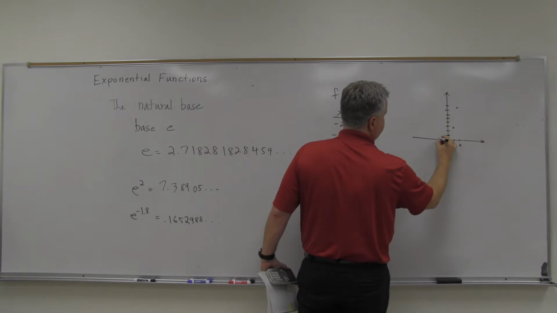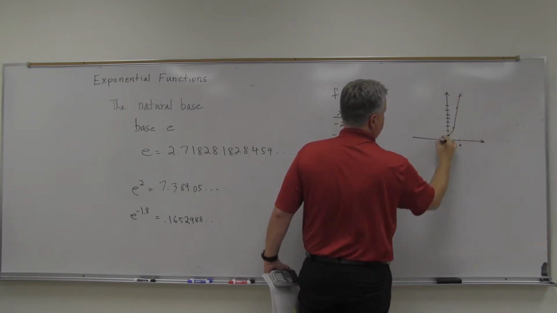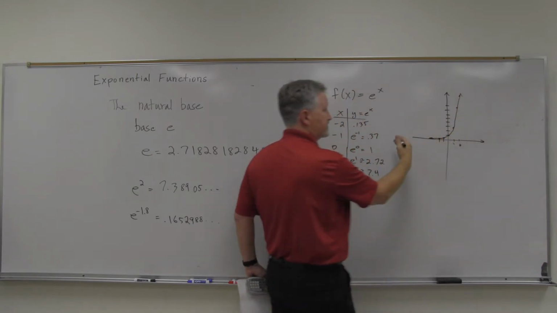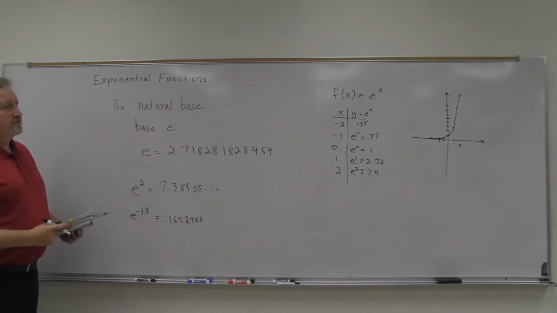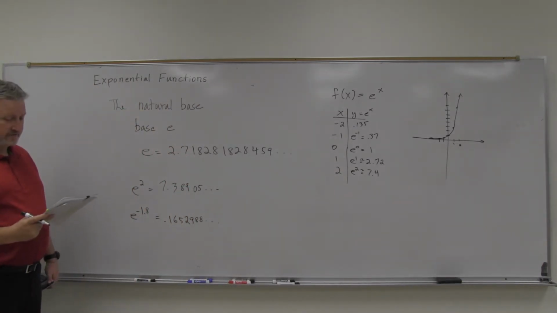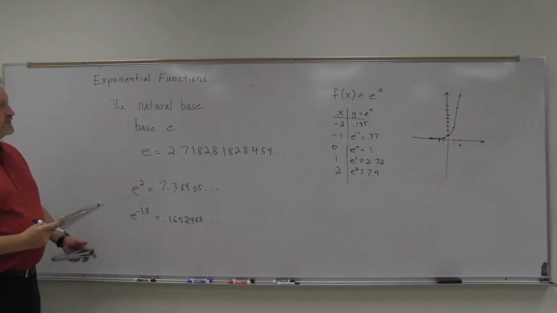About there. So yeah, same basic shape. Got the horizontal asymptote out here at the x-axis, y equals 0, in other words.